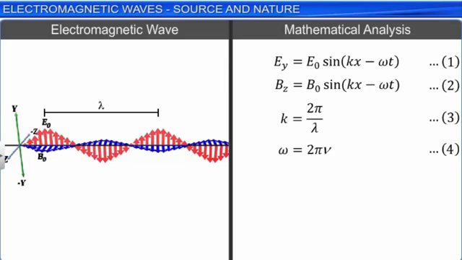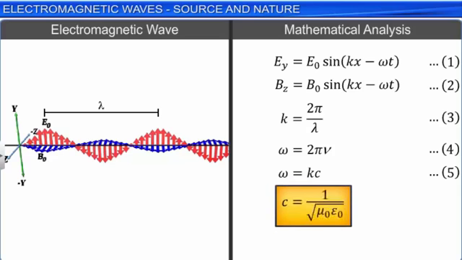Let this be equation 5. Here, c is the velocity of the electromagnetic wave that is equal to 1 by square root of mu naught epsilon naught. On substituting equations 3 and 4 in equation 5, we get c is equal to nu lambda.